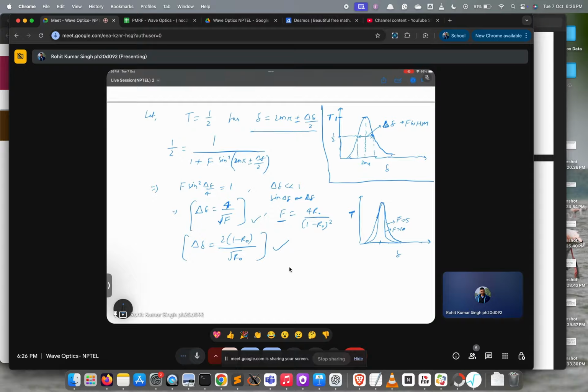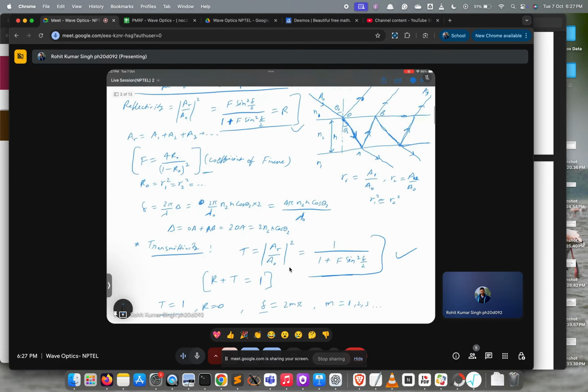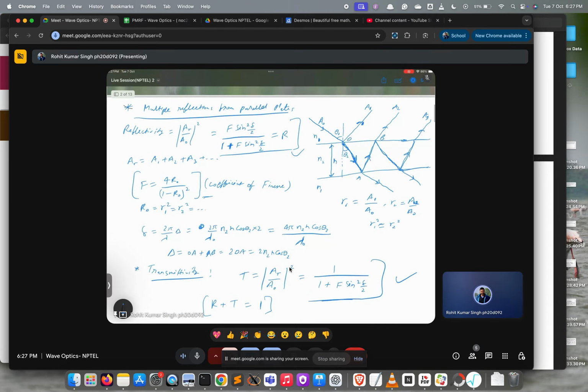And the coefficient of finesse depends on the reflectivity of the individual reflected lights, the A1, A2, A3.